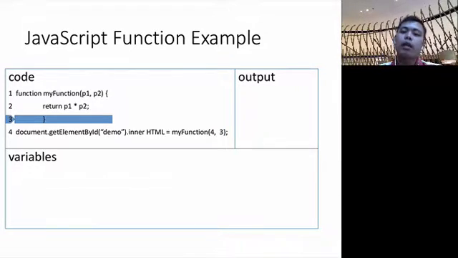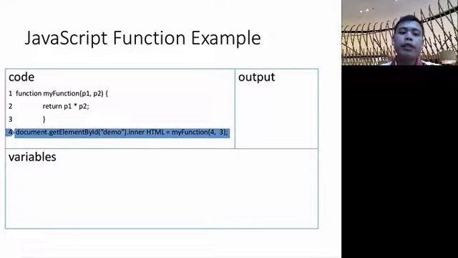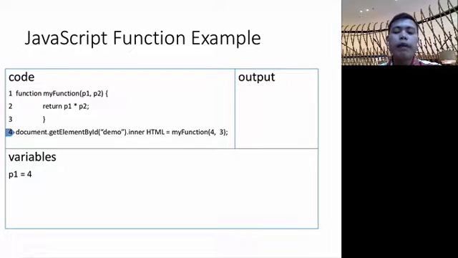Nothing much happens on the third line. In the fourth line, we see document.getElementById("demo").innerHTML = myFunction(4, 3). This means that, as per myFunction, p1 is assigned the value of 4 and p2 is assigned the value of 3.